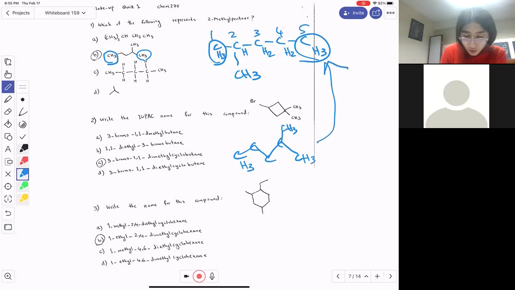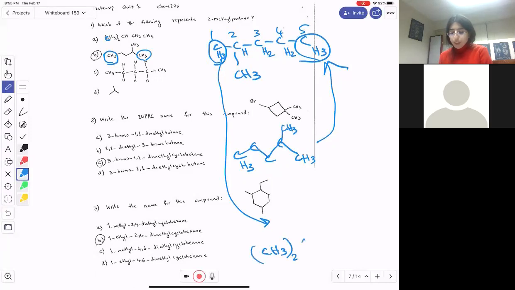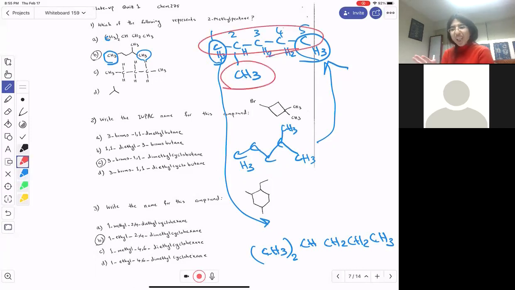The abbreviated formula would be CH3, CH, CH2, CH2, CH3. You see why the first one is not correct? I should have 6 carbons overall, because 5 are in the main chain and 1 is the branch. This one has only 5 overall, so that is wrong. It should have another CH2.